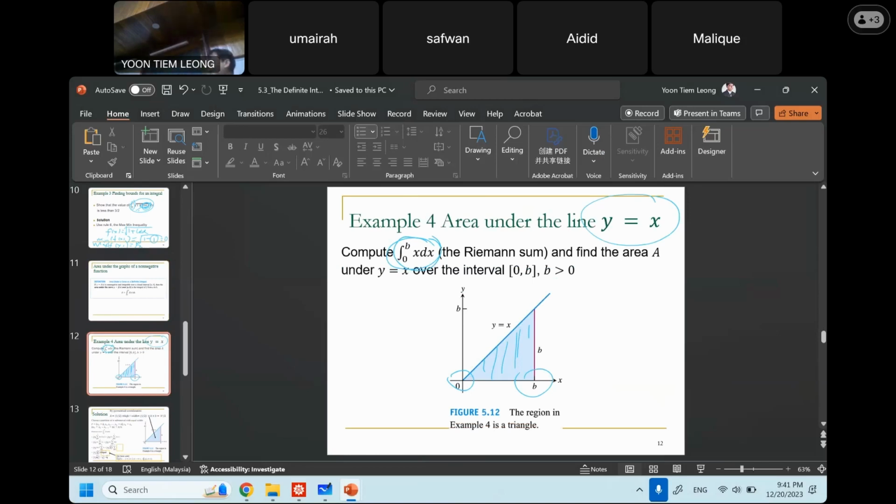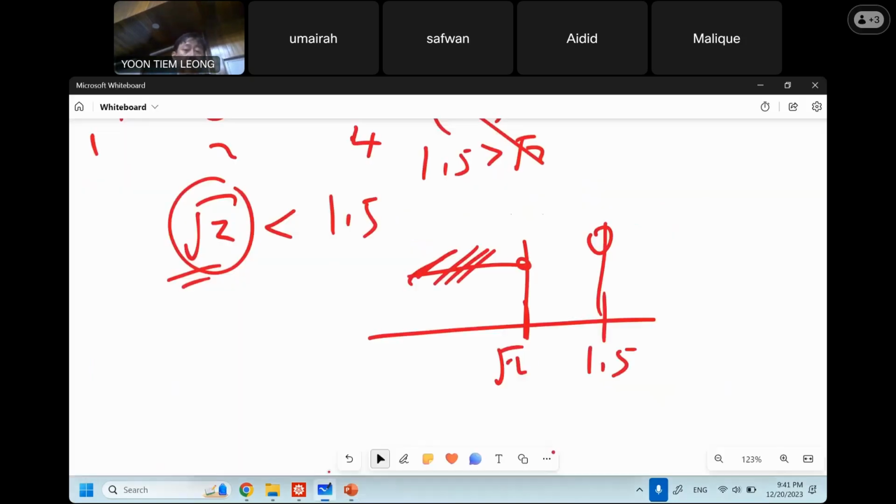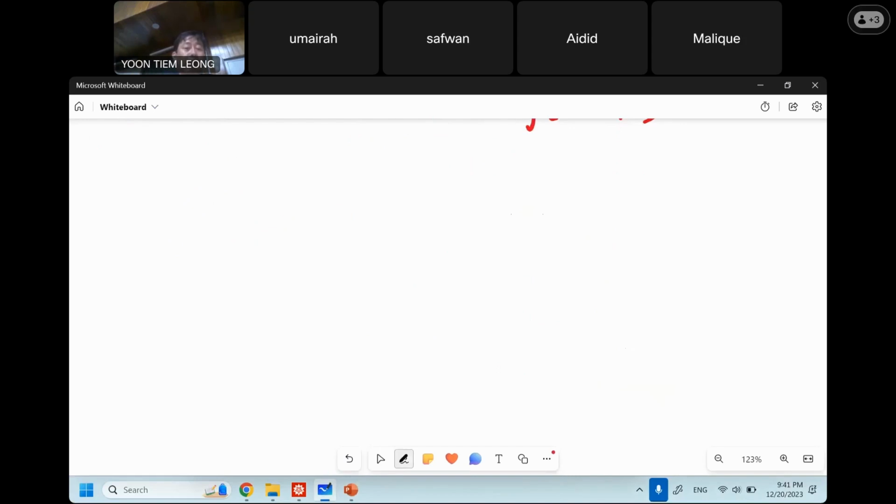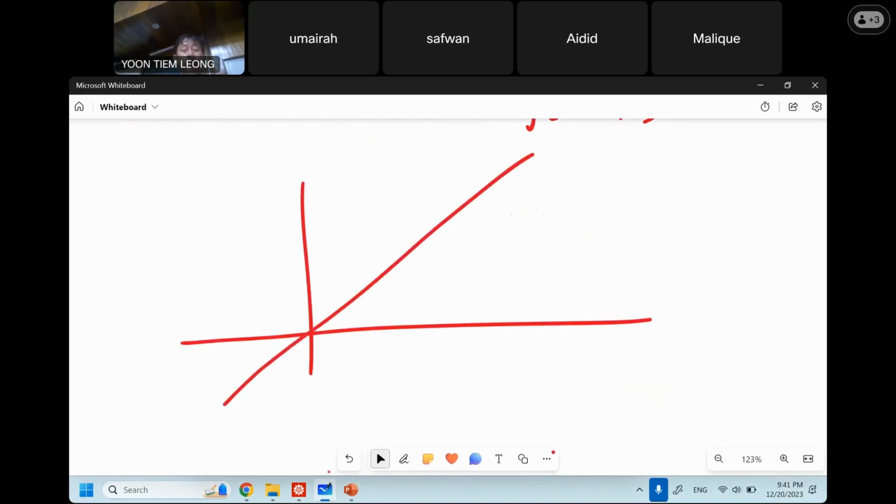Now, this example is very simple, trivial. Everyone knows the value of this function because you know how to perform the integration. But what I'm trying to tell you here is this: we have not really known how to perform the integration yet.